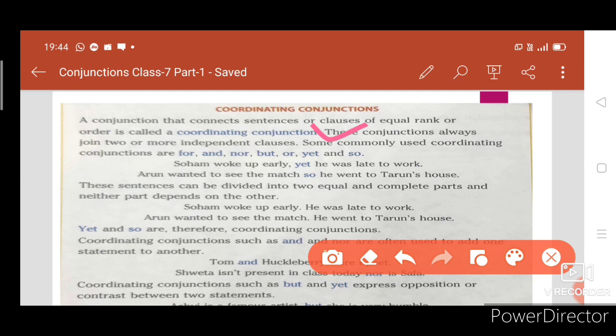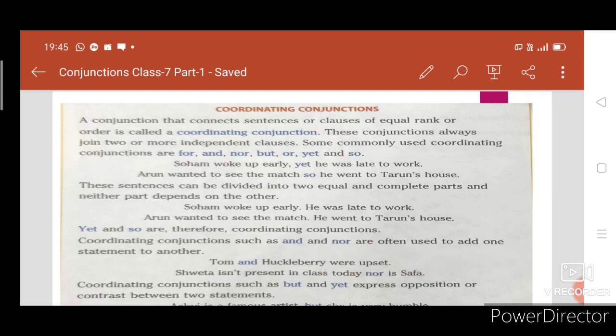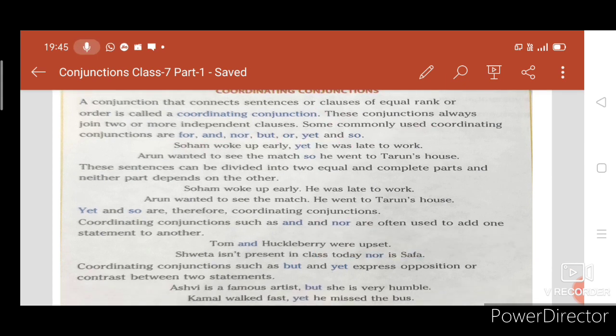Some commonly used coordinating conjunctions. We have seen the examples of coordinating conjunctions. Here some are given: for, and, nor, but, or, yet, so. These all are your coordinating conjunctions. Now we will see some examples.